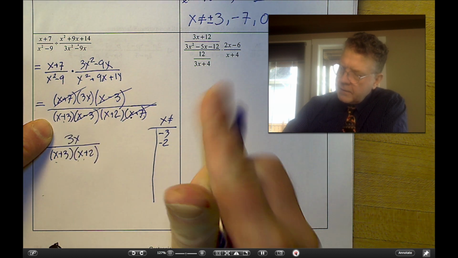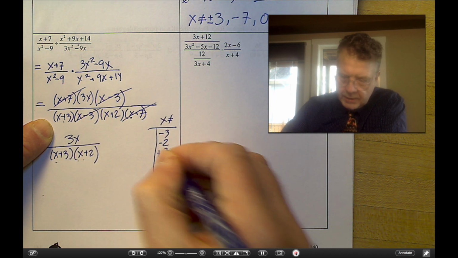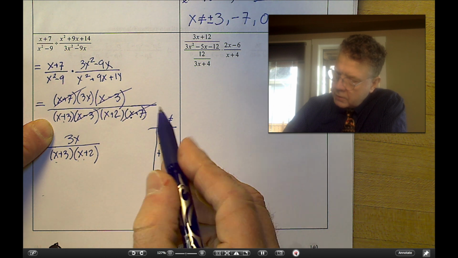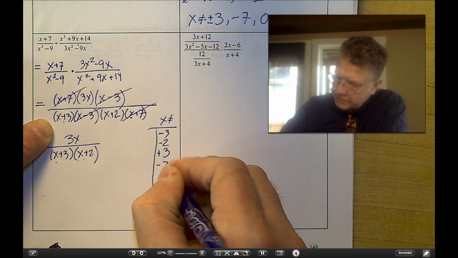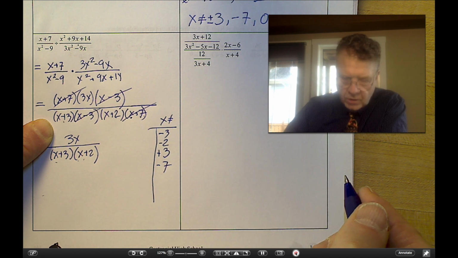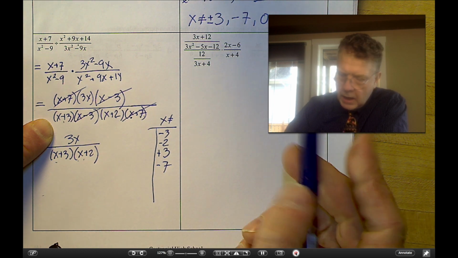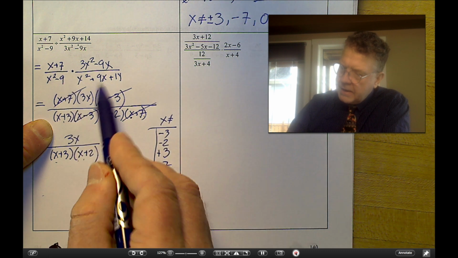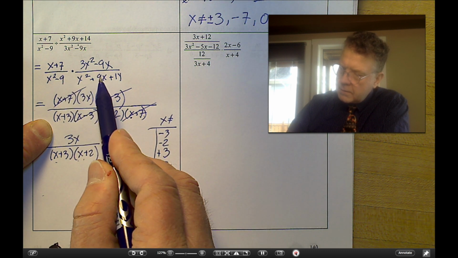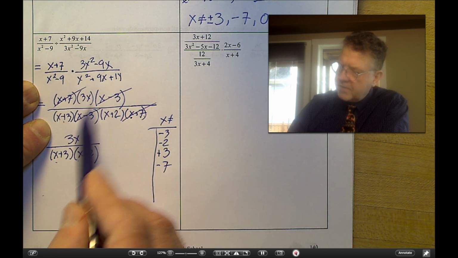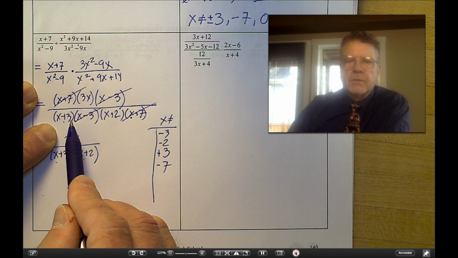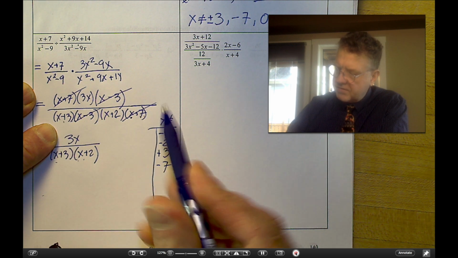Up here, it can't be +3 or, oh, looks like this -7. Good. And up here, no, there's nothing here, but we're missing one from here. What if x were 0? If x were 0, then this all would be 0 as well.